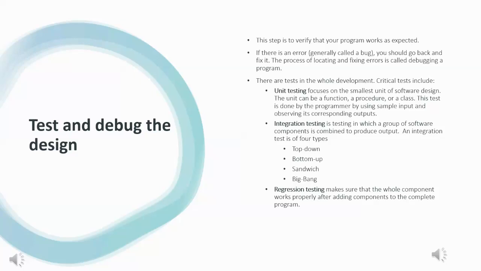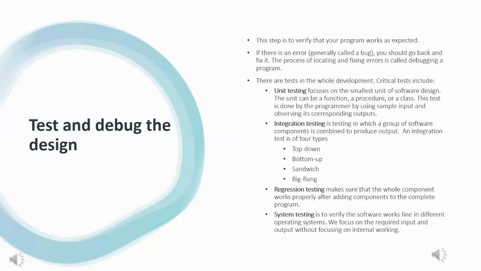Now, regression testing. Regression testing makes sure that the whole component works properly after adding components to the complete program. Finally, the system testing. System testing is to verify the software works fine in different operating systems.